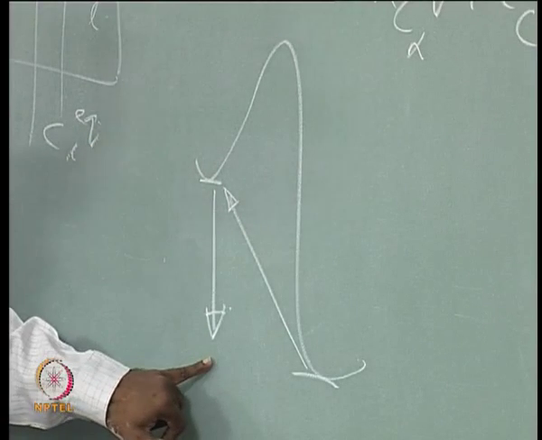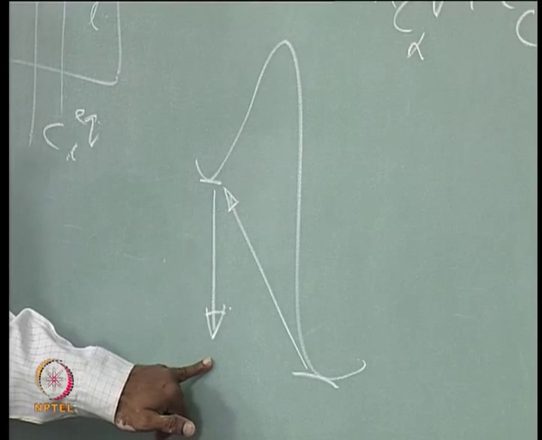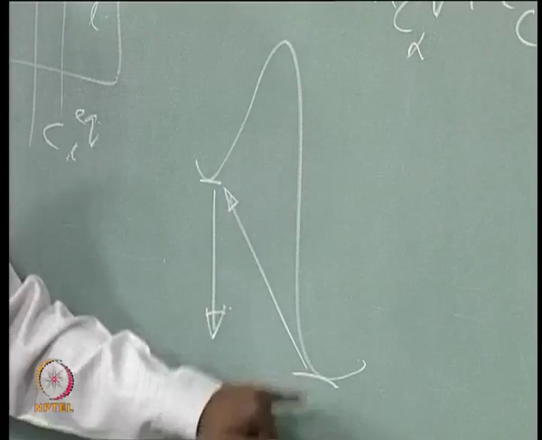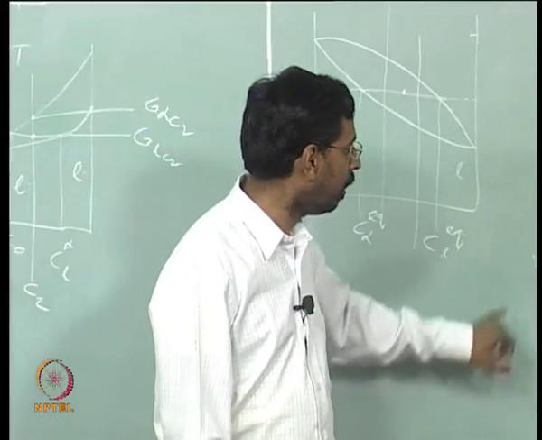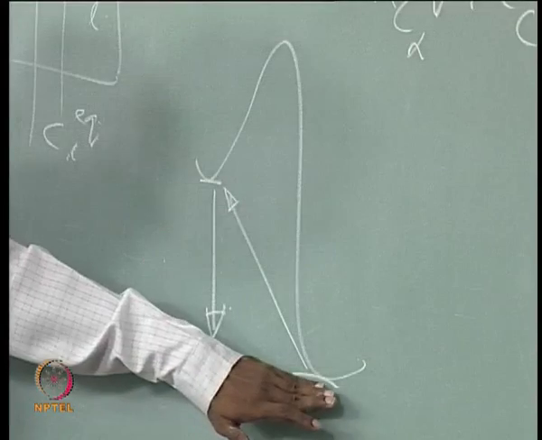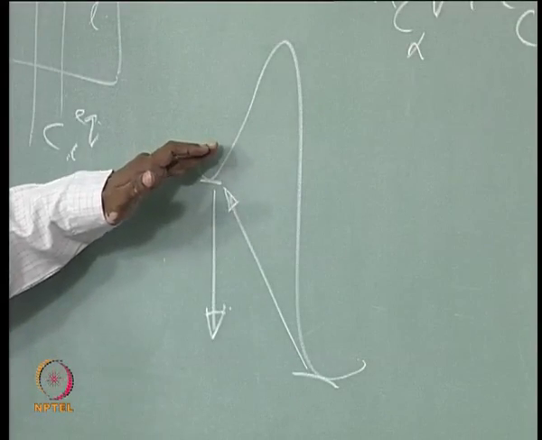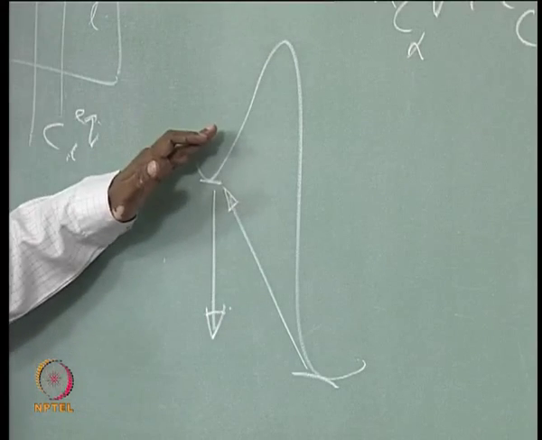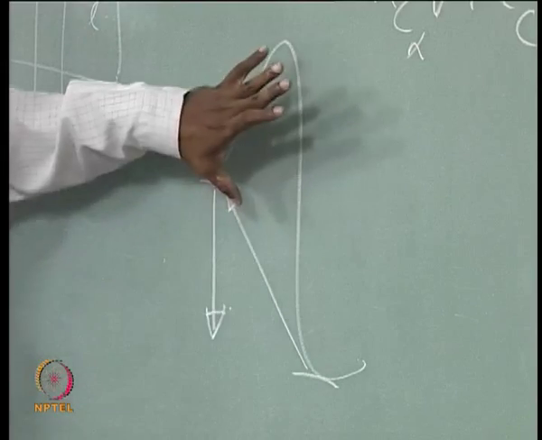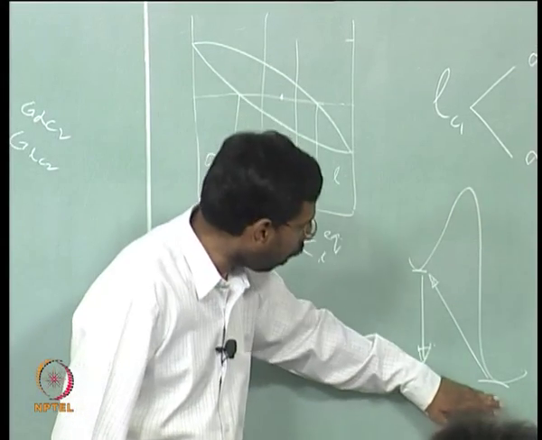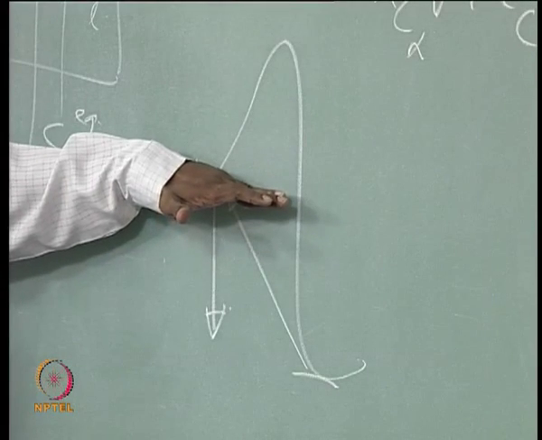So, there is a driving force for it. Though there is a driving force, we say there is an activation barrier for it. That is what we saw in the first class itself. But if you want to go from this state to this state, which is a low energy state to a high energy state, the actual energy that it has to scale up is not only this activation energy, but also this free energy difference.